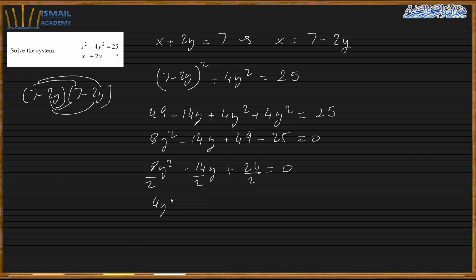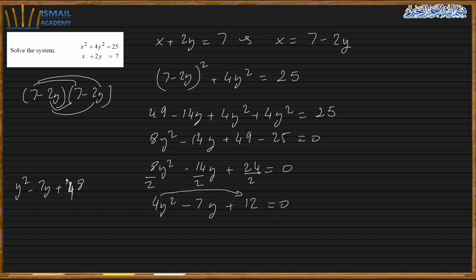So it's going to be 4y squared minus 7y plus 12 equals 0. If I factor this, I can use the AC method. So I multiply this with this.